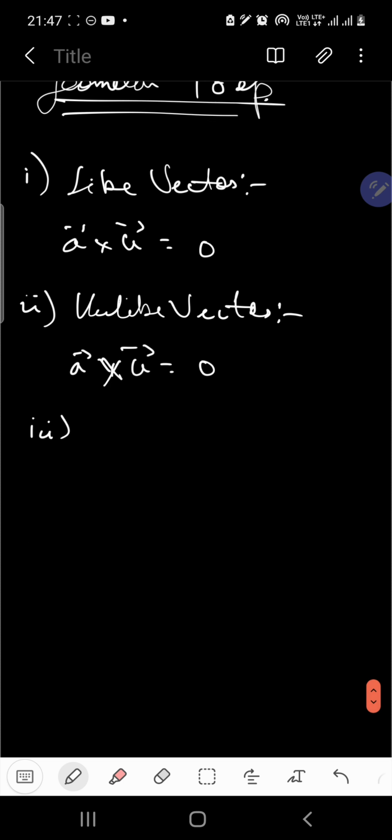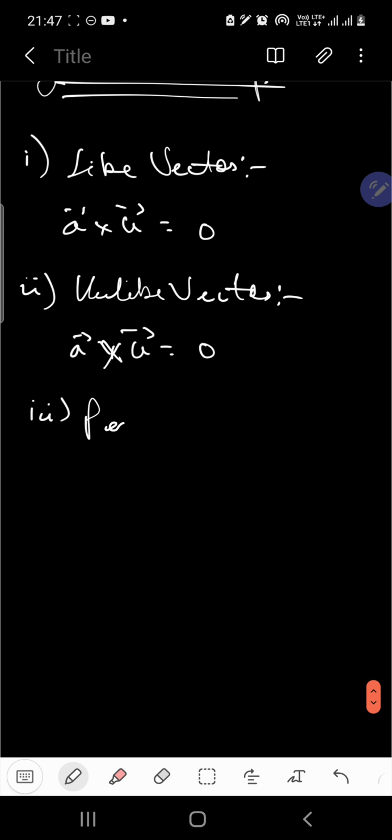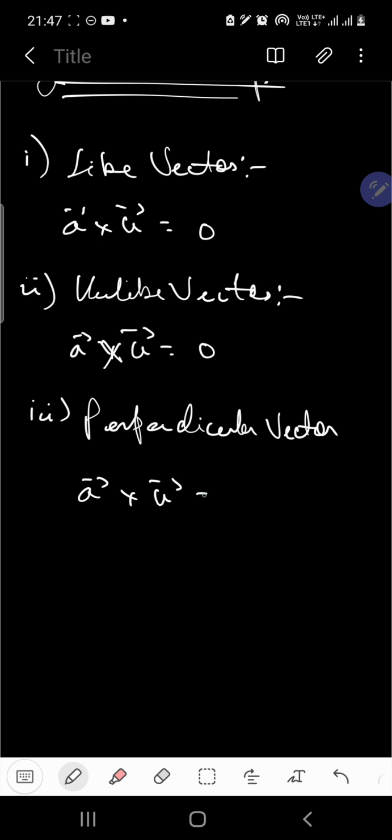In the case of perpendicular vectors, A cross B is equal to mod A mod B n cap. These three properties are clear.